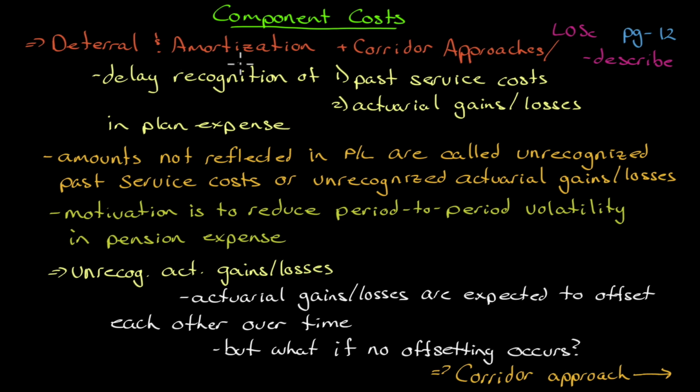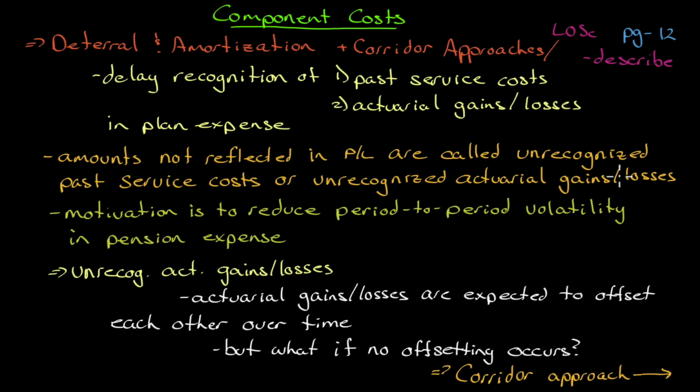The deferral and amortization allows a company to delay the recognition of, as we've seen, past service costs or actuarial gains or losses in plan expense. Amounts not reflected in P&L are called unrecognized past service costs or unrecognized actuarial gains or losses. So we're introducing some vocabulary here. Anything that shows up in OCI is not recognized in P&L.